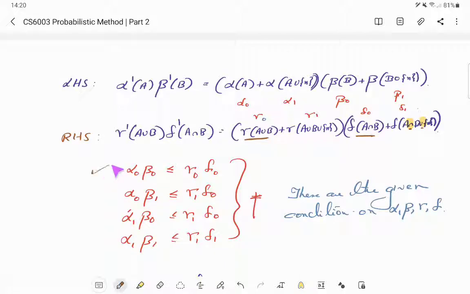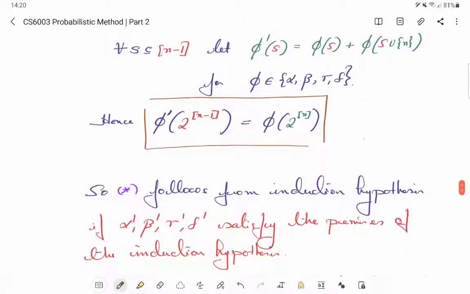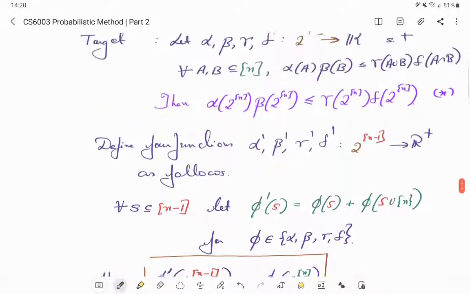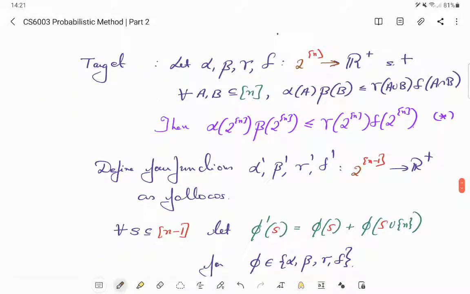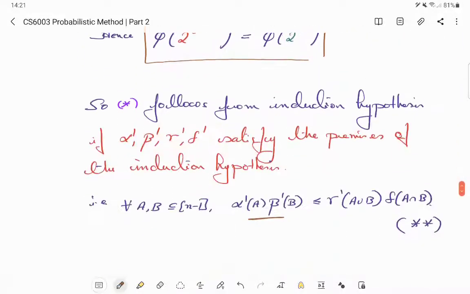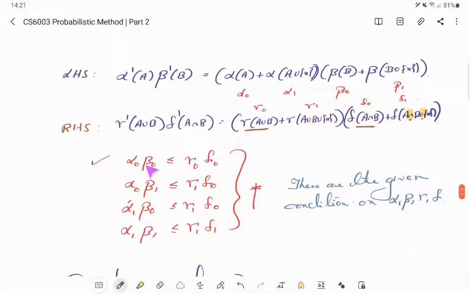By the way, this is already satisfied, because this is in the premise of what we are trying to prove, and hence we can assume it. So alpha 0 beta 0 is at most gamma 0 delta 0.